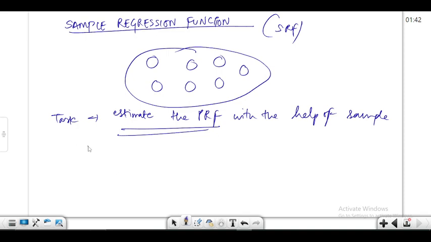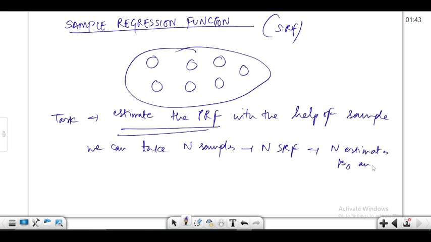We can take n samples and have n SRFs, that is, sample regression functions, and we have n estimates of your beta naught and beta 1. This is how we get closer and closer to the population parameters. That is why sampling, and multiple sampling, is very important.